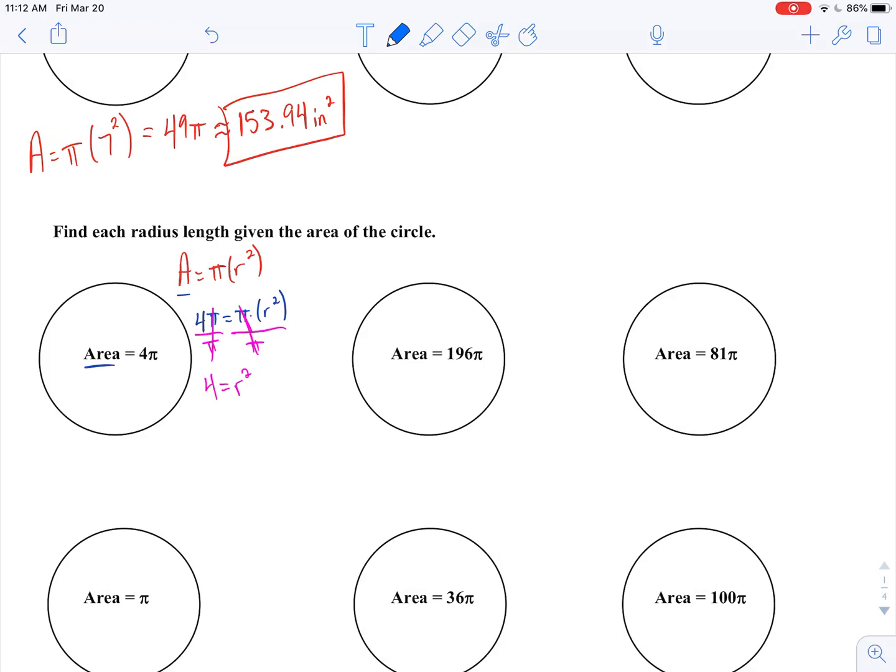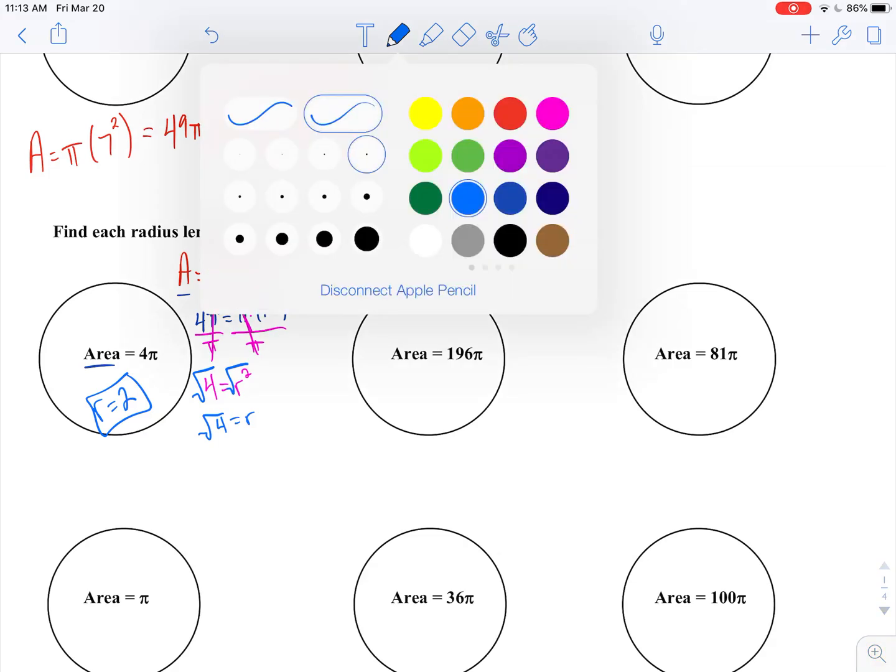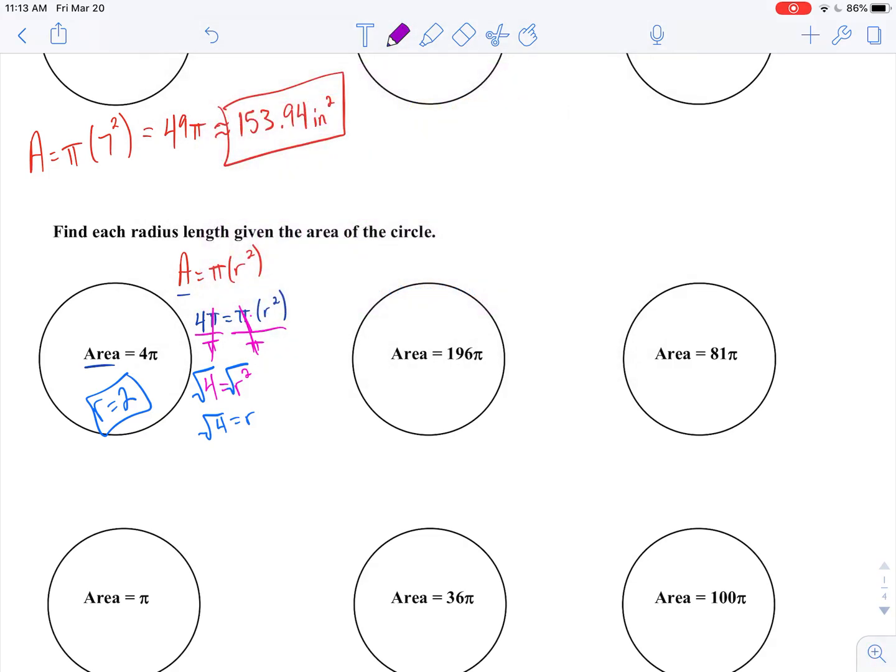And now our very last step, I want to get r by itself. So let's get rid of this exponent. And what's the opposite of squaring a number? The opposite of squaring is square rooting. So square root of 4 is going to be my radius. So the radius must be 2.